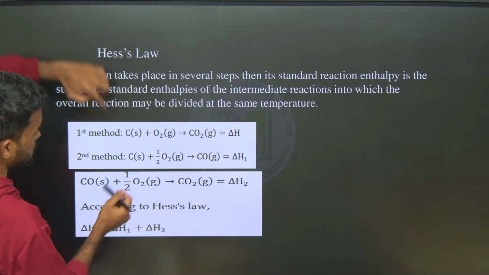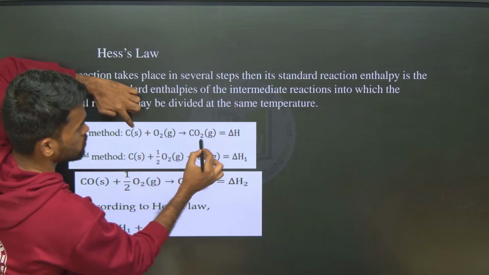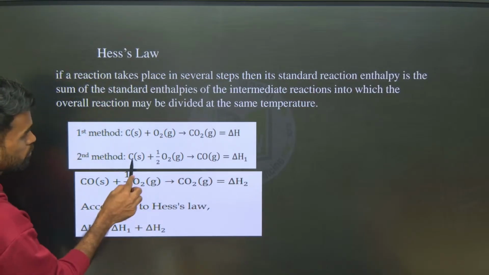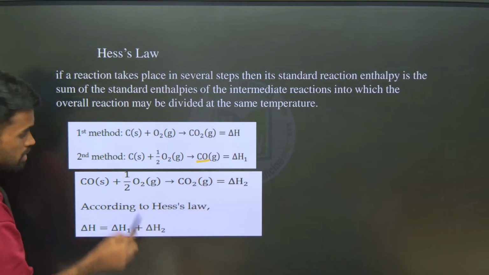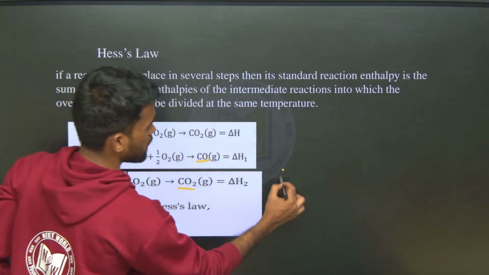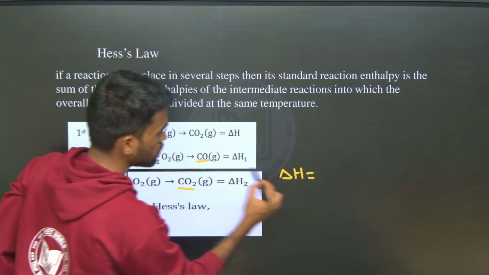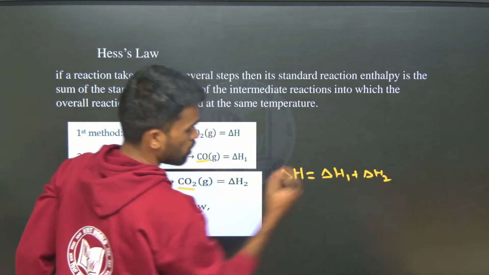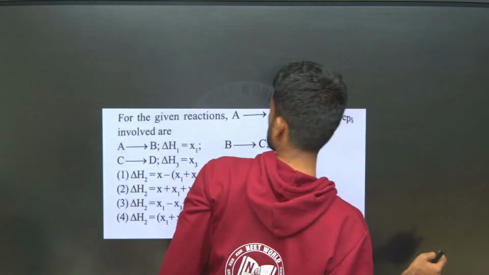In the first method, C plus O2 gives CO2, and we write delta H. In the second method, first it forms carbon monoxide, then in the second step it forms carbon dioxide. So here I can say delta H equals delta H1 plus delta H2. So now following the same thing, just answer this question.